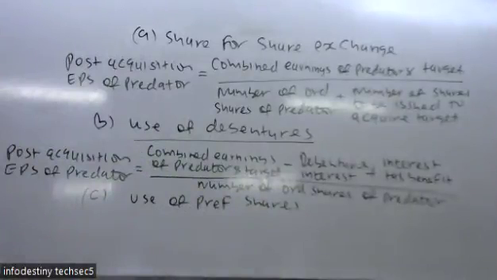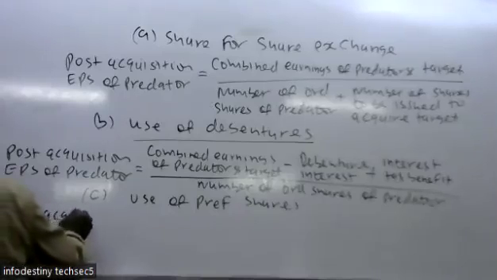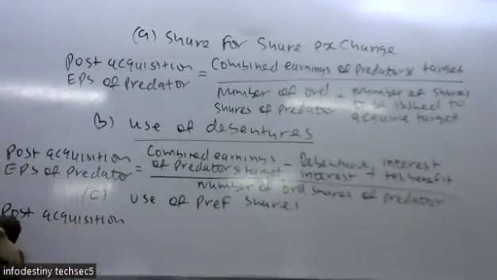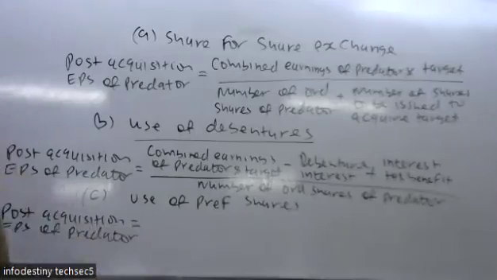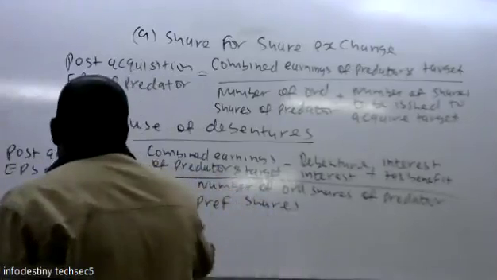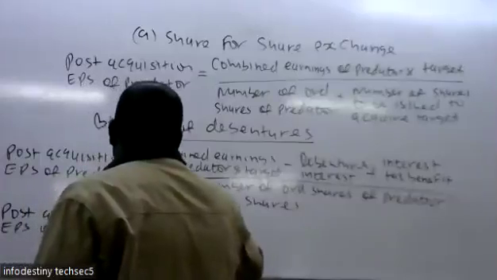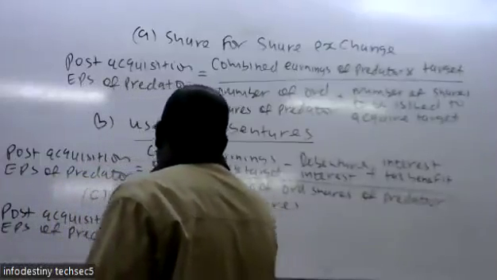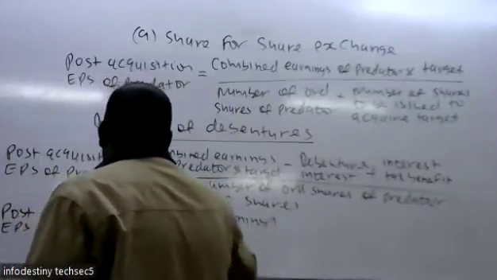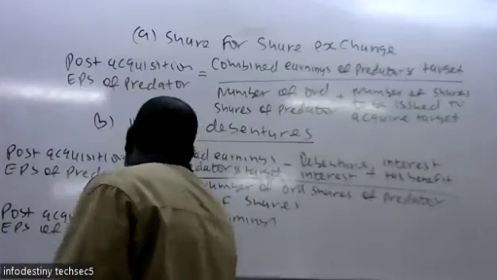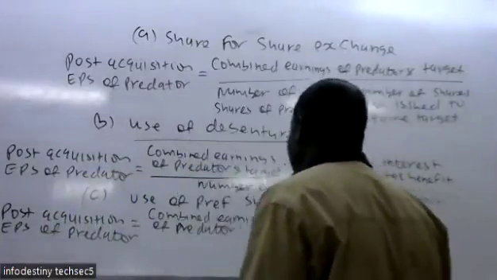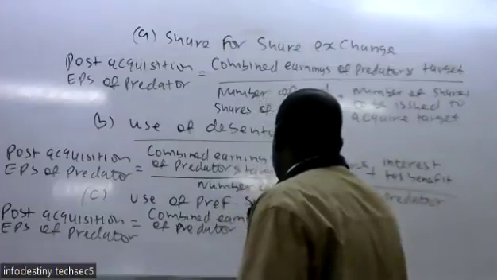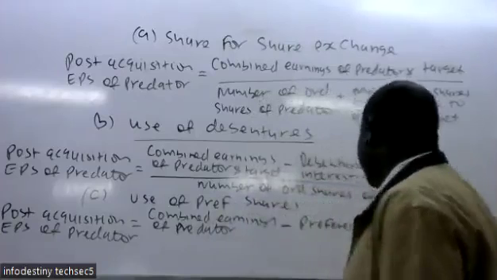So when we apply preference shares, the earnings per share of the predator is supposed to be given by the combined earnings of the predator and the target, but we minus the preference dividends.